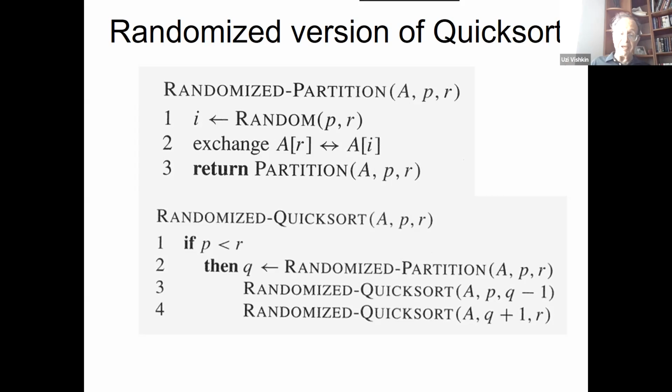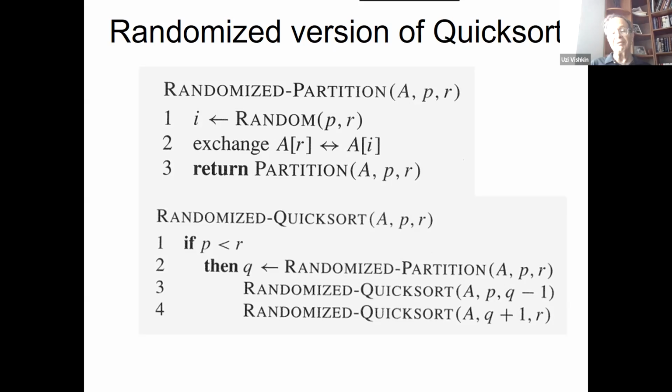In the prior application of partition, we used as a pivot the element in location R. Here we do something else.